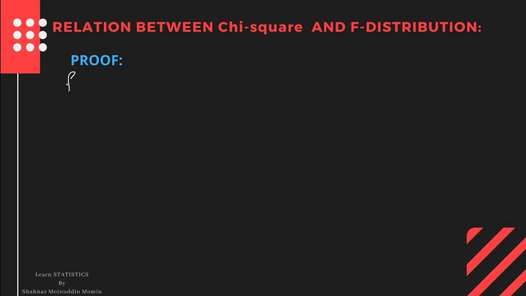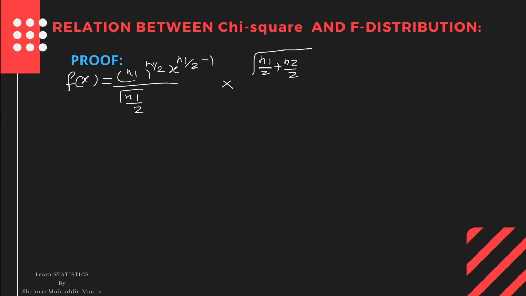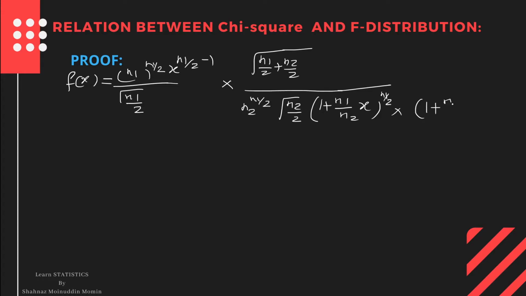So I will write down the PDF of F distribution as n1 raised to n1 upon 2 divided by gamma(n1 by 2), into gamma((n1 plus n2) upon 2), divided by n2 raised to n1 by 2 gamma(n2 upon 2), into (1 plus n1 by n2 x) raised to n1 upon 2, into (1 plus n1 by n2 x) raised to n2 divided by 2.